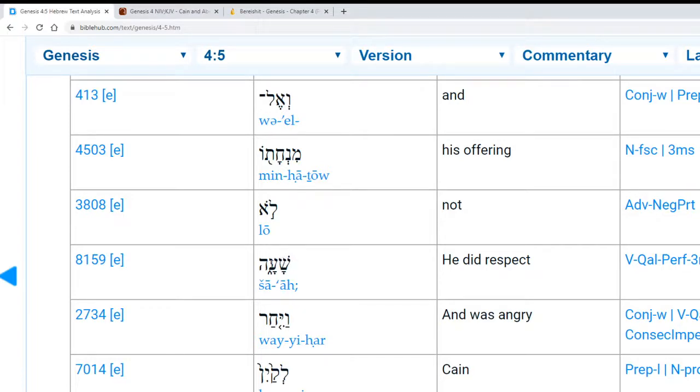So because this is in the kal perfect, and this is the simplest form of a verb, right? Third person masculine singular perfect kal, like pal, is the simplest form of a word. So I would say that it's very clear that the root word here is shin ayin hey, right?